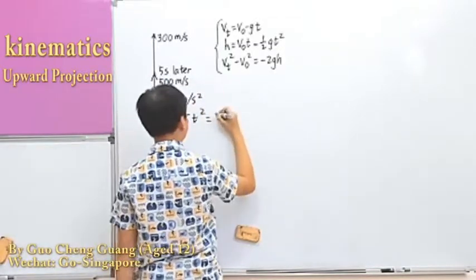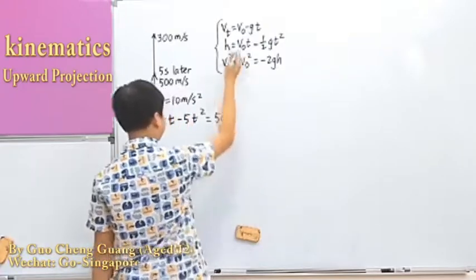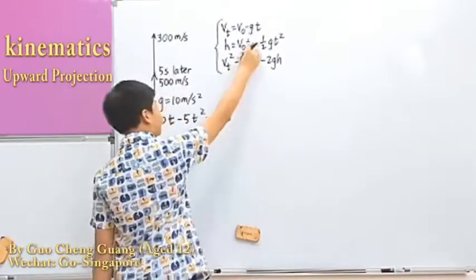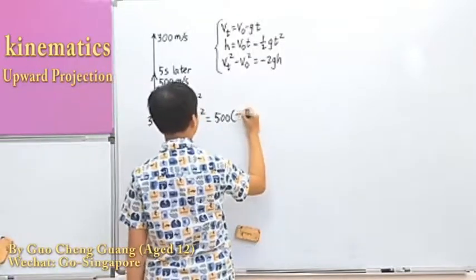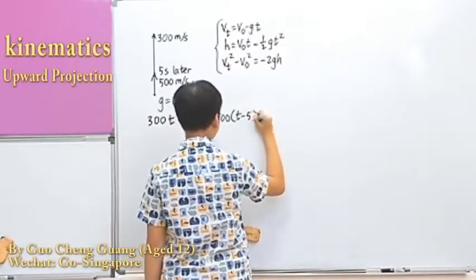For the second bullet, 500 is the initial velocity, and since it starts 5 seconds later, we need to subtract 5 from the time.